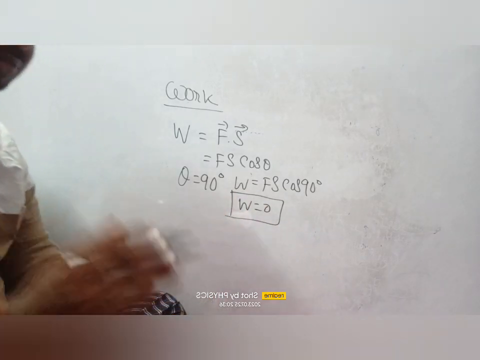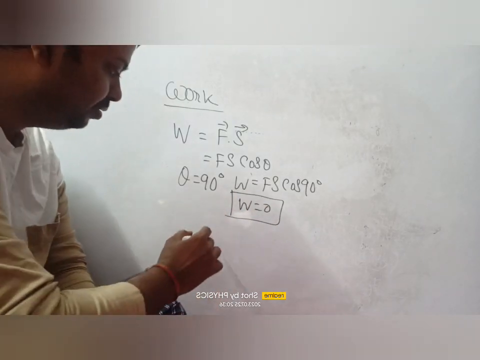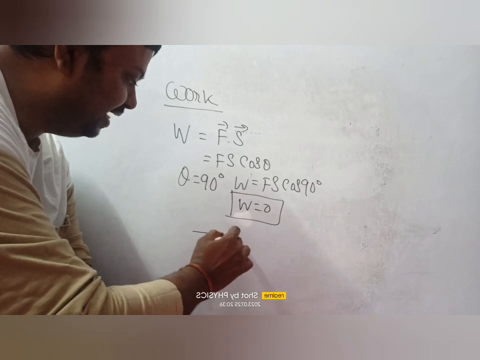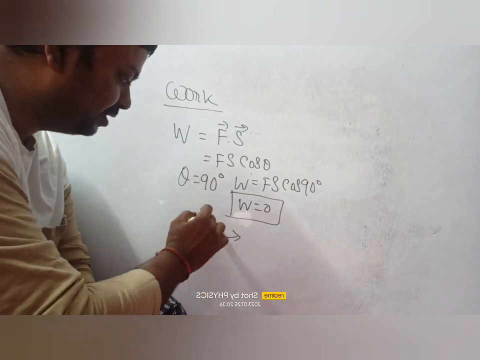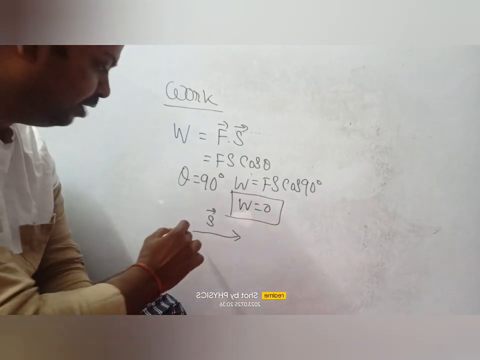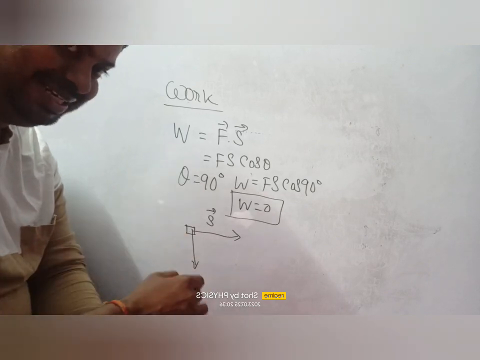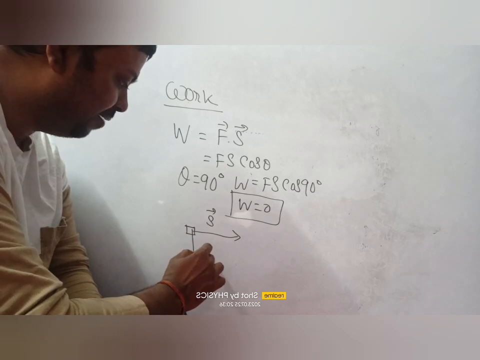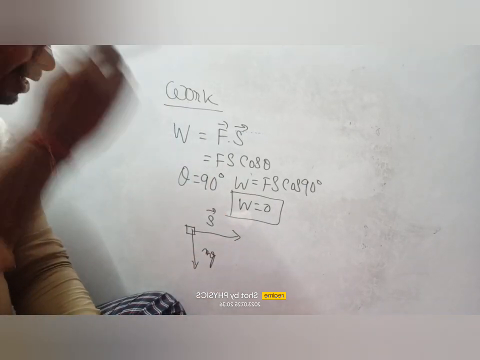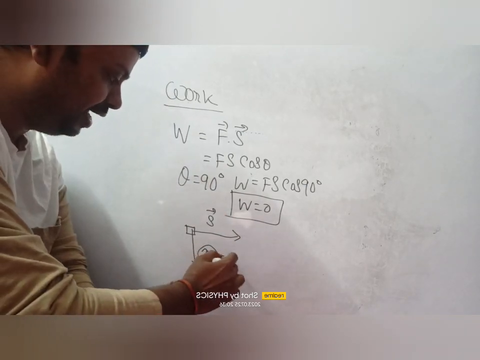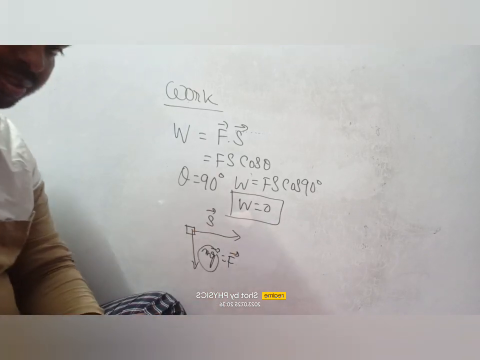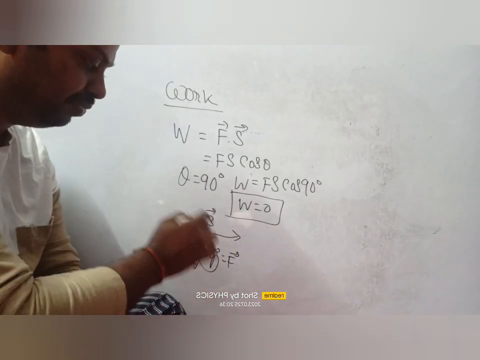Now how do we understand this practically? If we are moving in that direction, that is the displacement direction. Now the weight of the object acts in the vertical, downward direction, that is mg. Here mg is the force F. Now what is the angle between F and S?